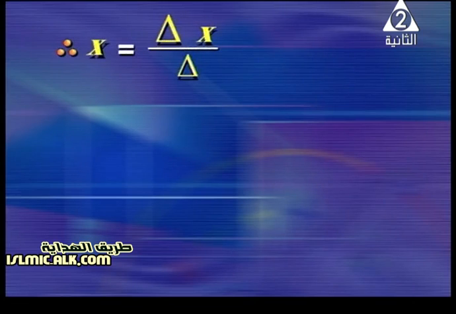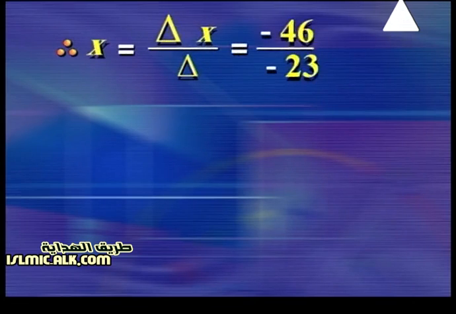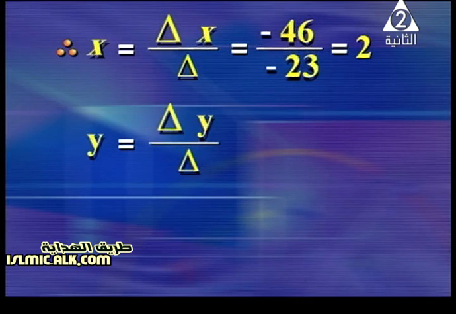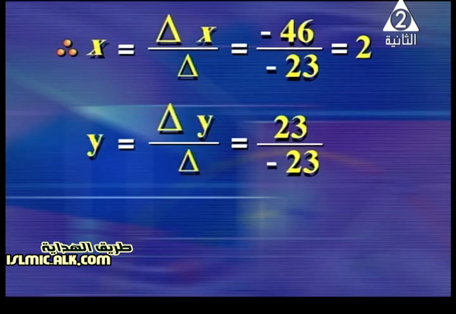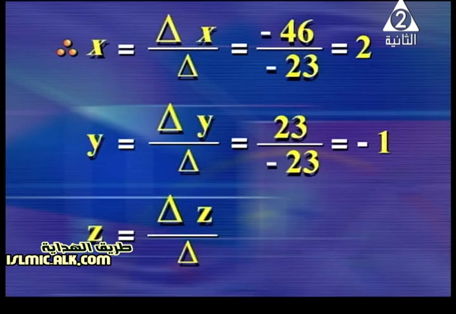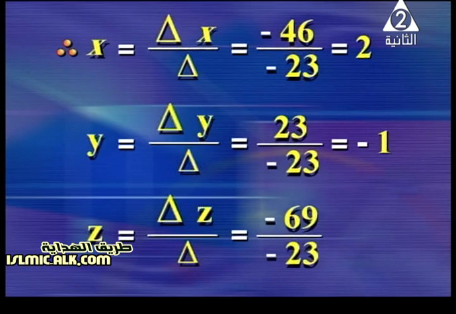Then x equals delta x over delta, negative 46 over negative 23, equals 2. Also y equals delta y over delta, 23 over negative 23, equals negative 1. z equals delta z over delta, negative 69 over negative 23, equals 3. Then the solution set of x, y, and z is 2, negative 1, 3.